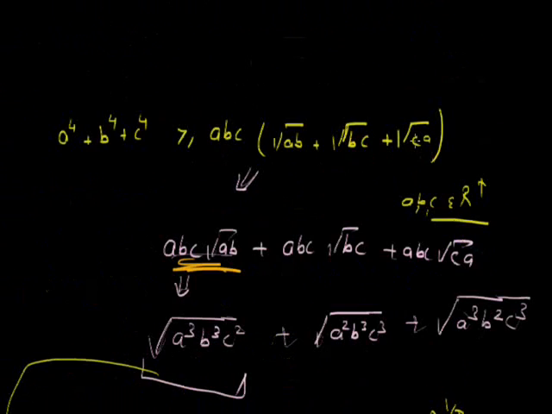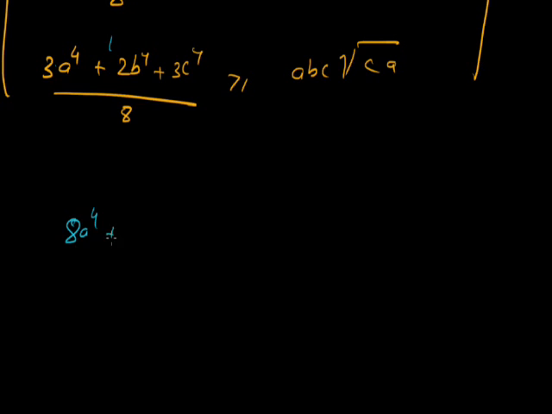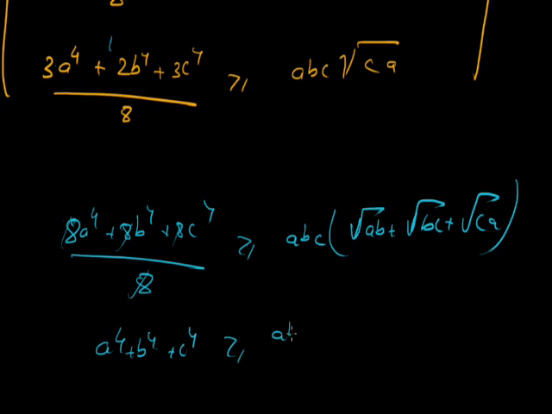Now adding all these quantities, we get 8 times a⁴, 8 times b⁴, and 8 times c⁴ upon 8 is greater than or equal to the quantity which we have to prove, abc times root ab plus root bc plus root ca. Now this 8 we cancel, and hence the answer is a⁴ plus b⁴ plus c⁴ is greater than or equal to abc times root ab plus root bc plus root ca.